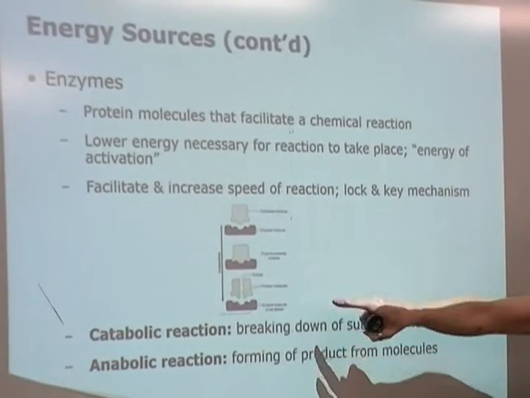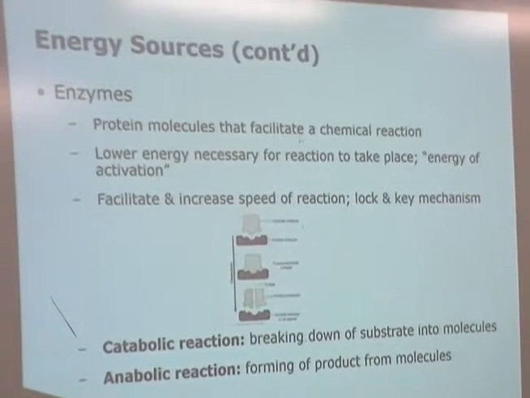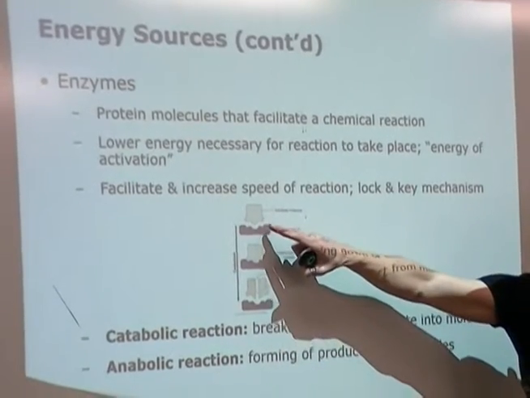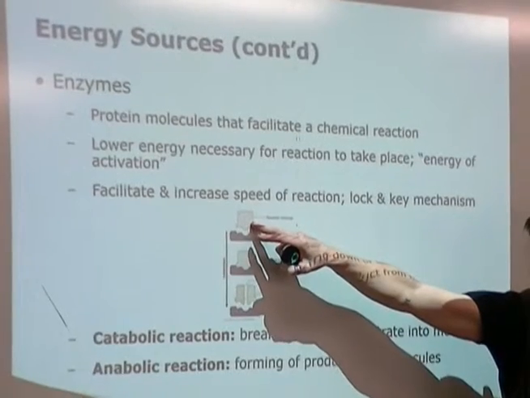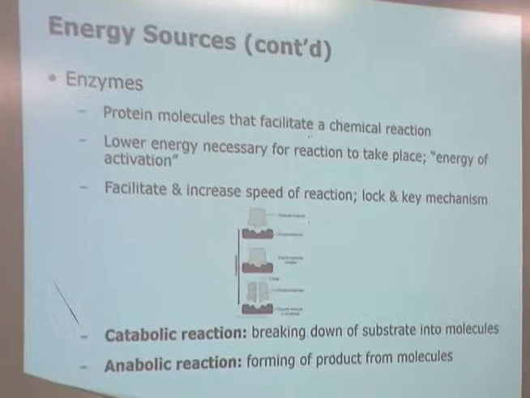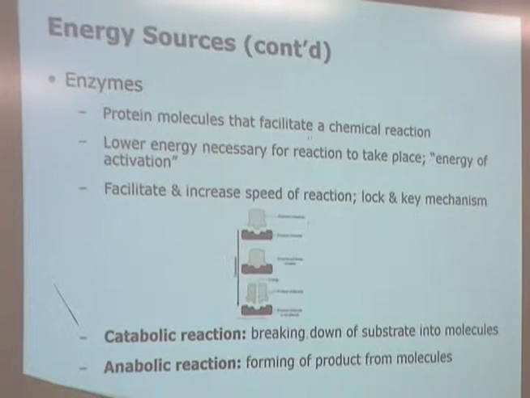Enzymes work in a lock and key mechanism. So that means that one enzyme has a particular shape, and the thing it's going to help the chemical reaction with has a particular shape, and they fit together. So enzymes are very, very specific. They are not generalized.